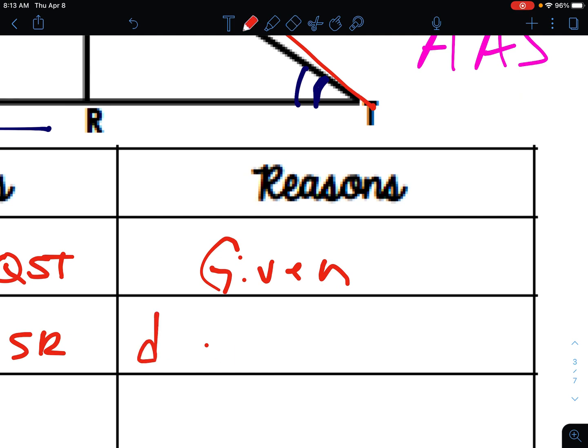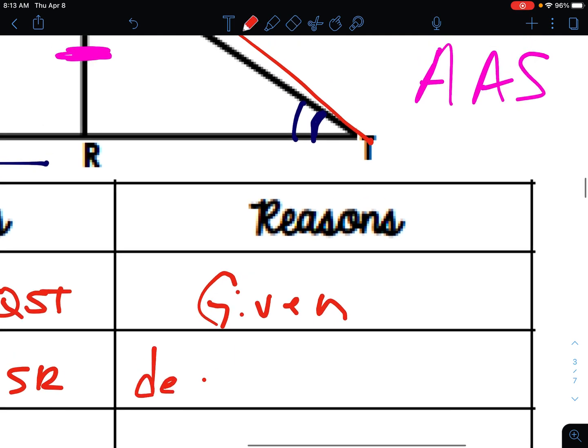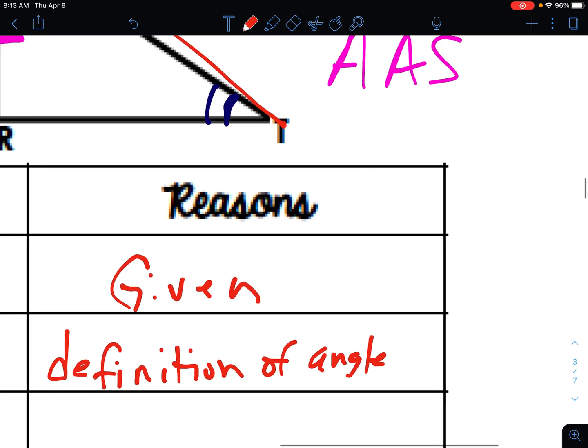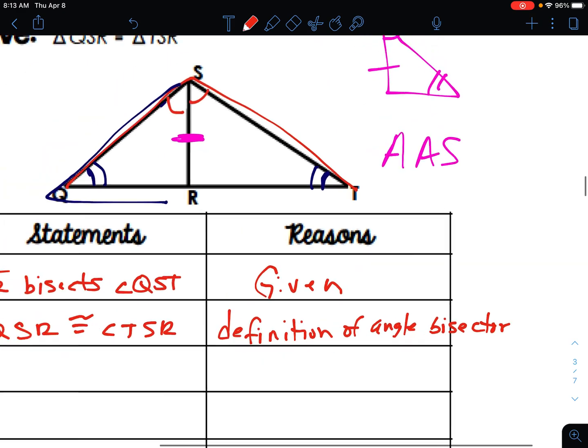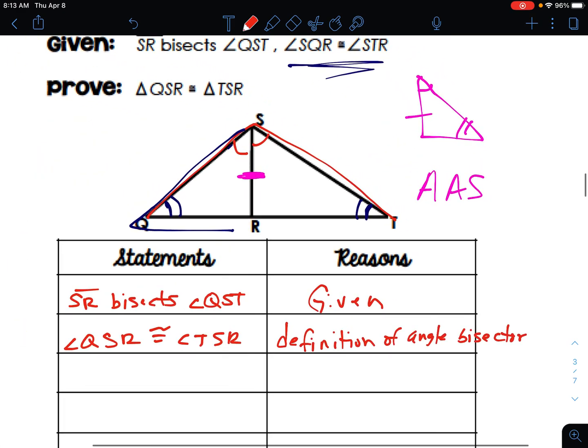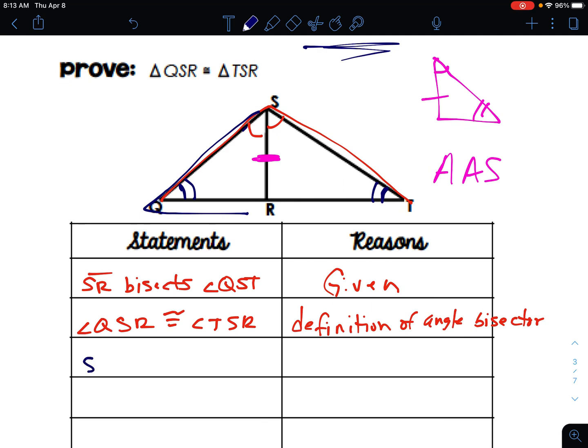Definition, whoa, that's writing too small. Sorry about that. So we'll go definition of angle bisector. Hopefully you are getting more confident. The only way you're going to get more confident at this is if you actually try it out yourself, right?